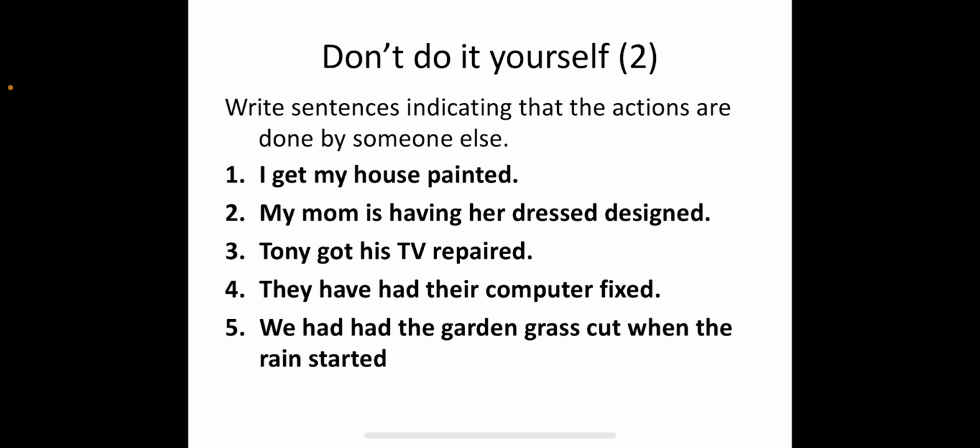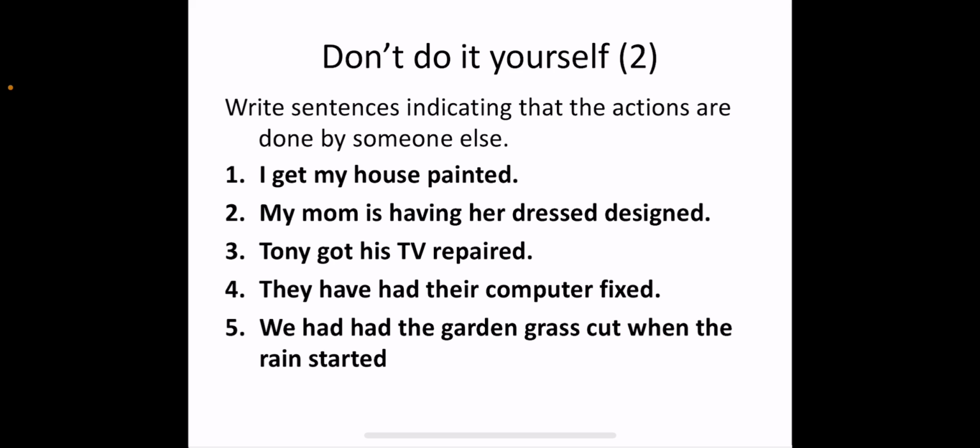It is possible to include the person who is doing the action for us. We can include it with the particle by. So in number one, we can say, I get my house painted by my brother. My mom is having her dress designed by a designer, by a tailor, anything.